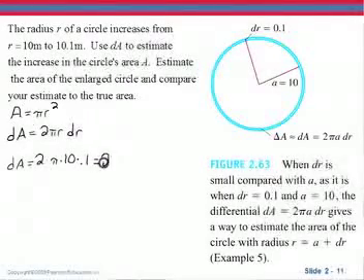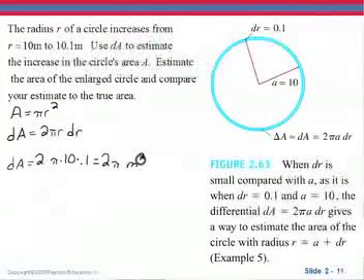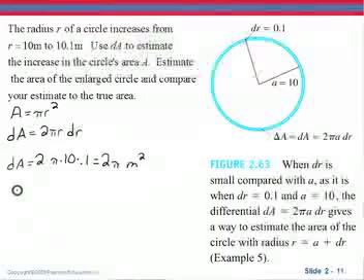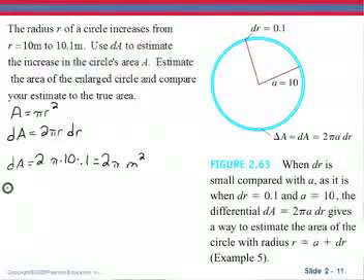That would be 2 pi square meters, since it's a change in area. Now what that means is that our change in area for this change in radius will be fairly close to 2 pi square meters.